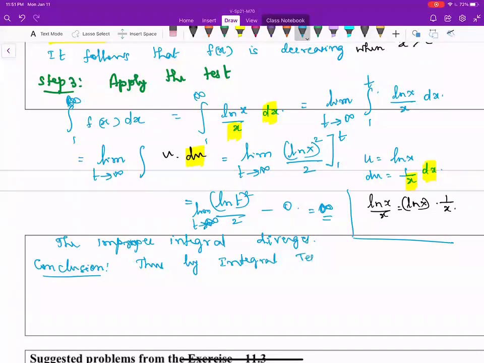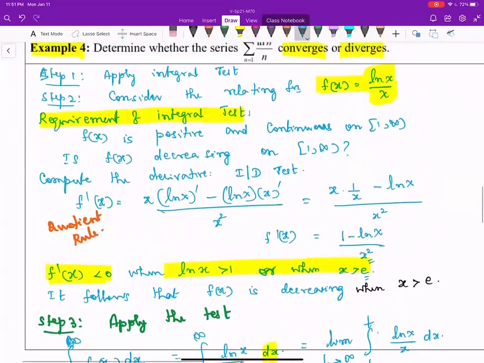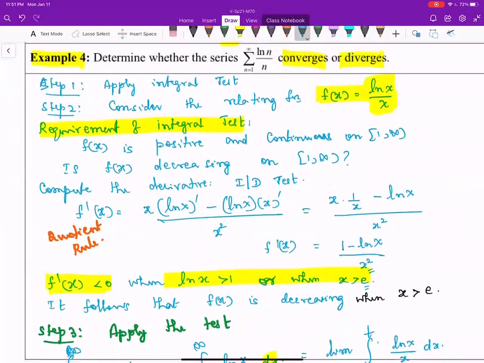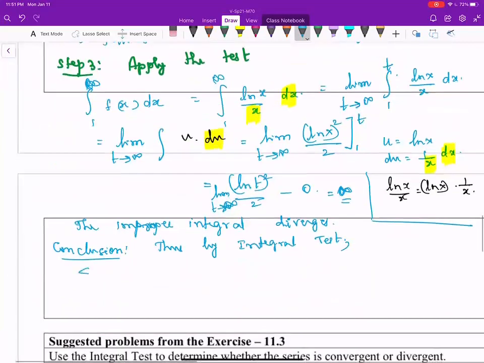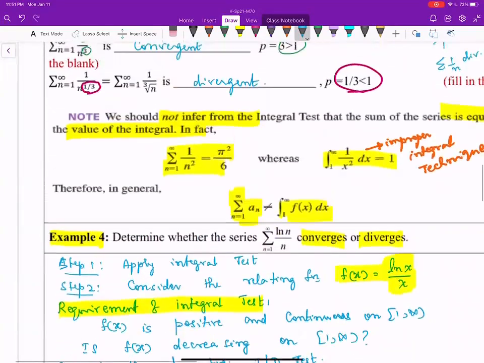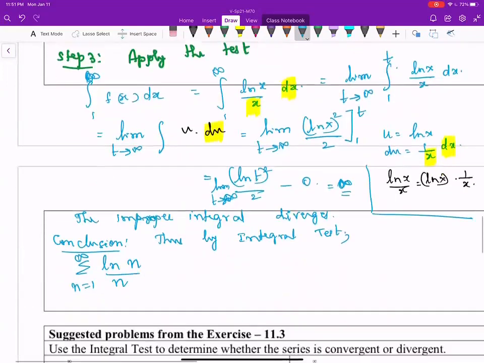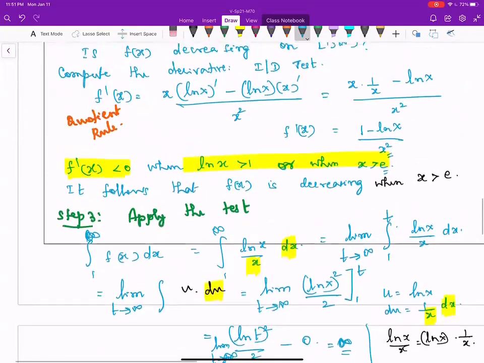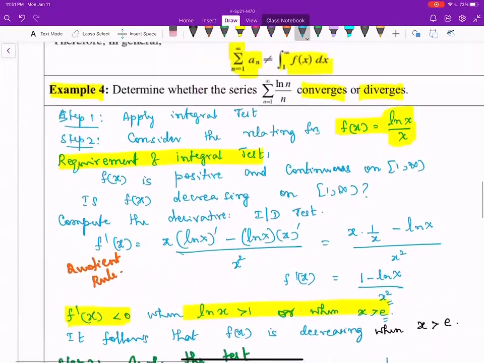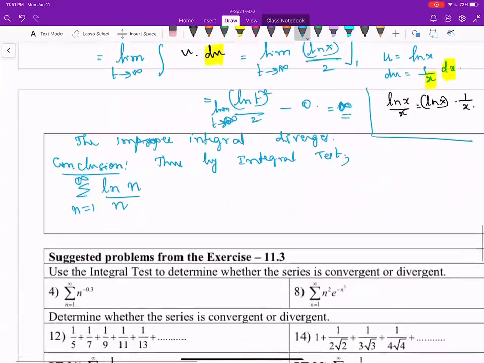Thus, by integral test, the given series sigma ln n over n, n varying from 1 through infinity, diverges.